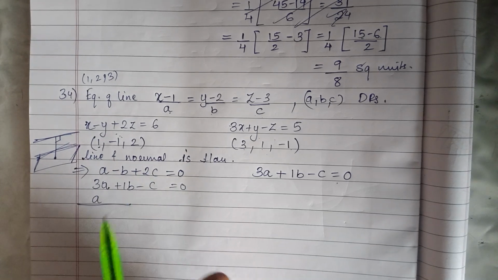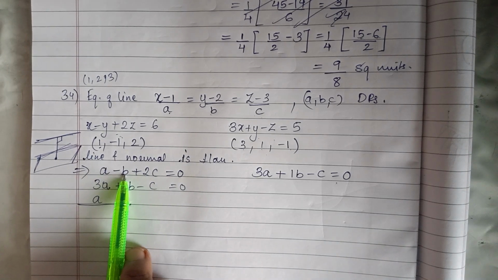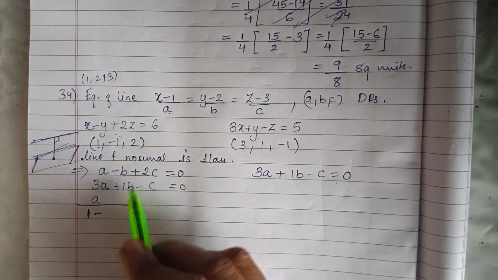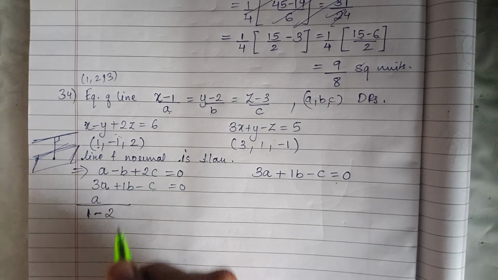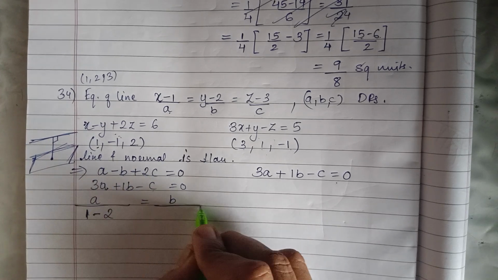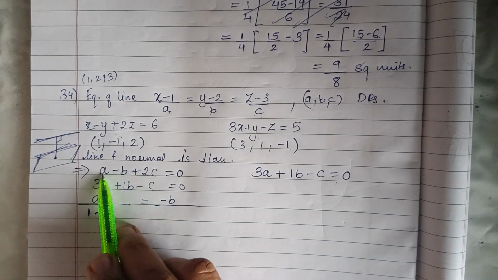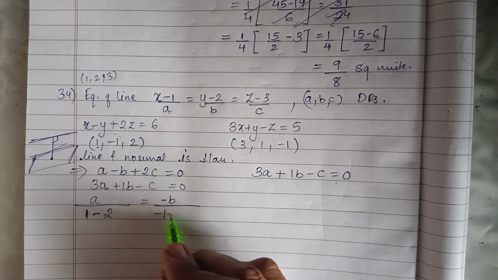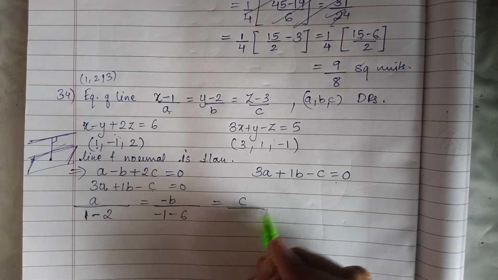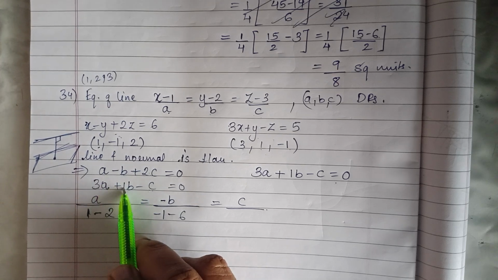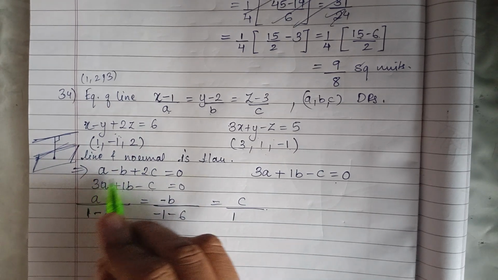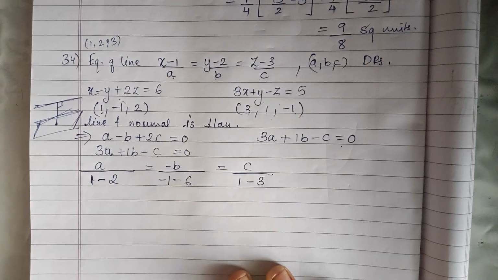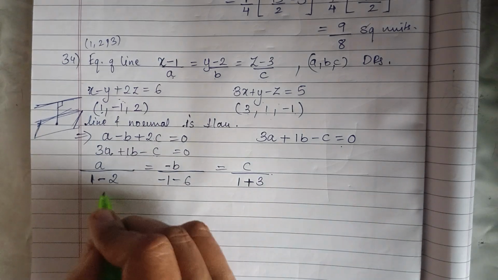So A upon minus 1 into minus 1, 1 minus 1 into 2, minus B upon 1 into minus 1, 3 into 2, 6, 1 into 1 minus 3, minus 3 plus. Okay.